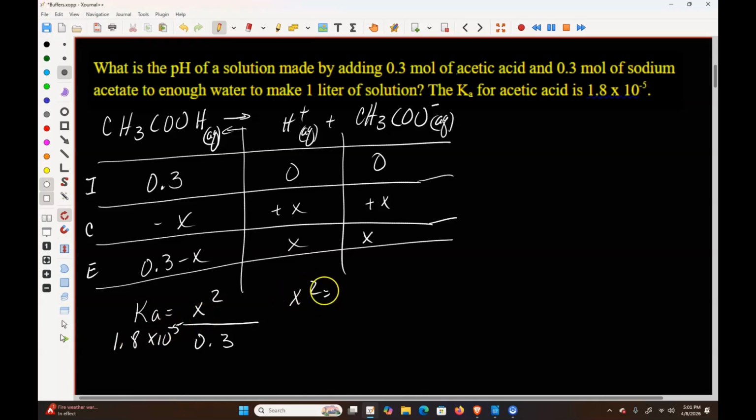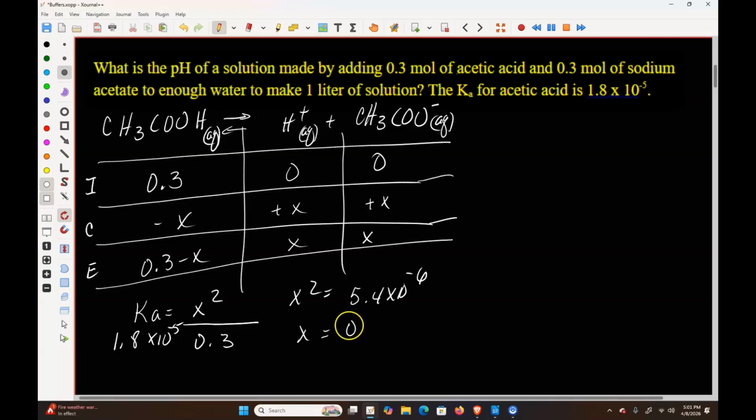So x squared is going to be equal to, I'll multiply those together, I will get 5.4 times 10 to the negative 6.